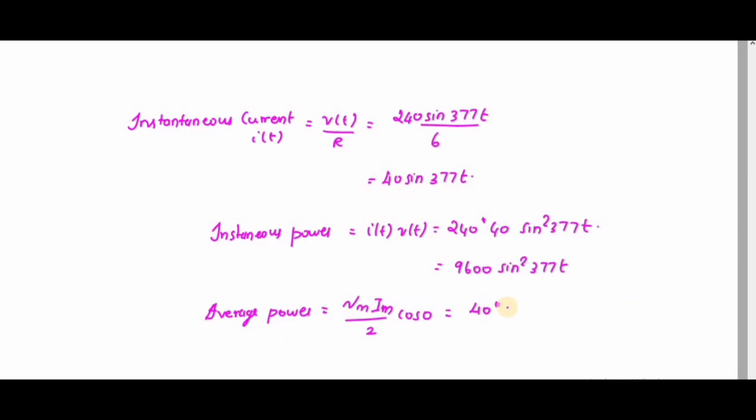Vm is 240 and Im is 40, divided by 2, so we will get 4,800. The unit is watts.